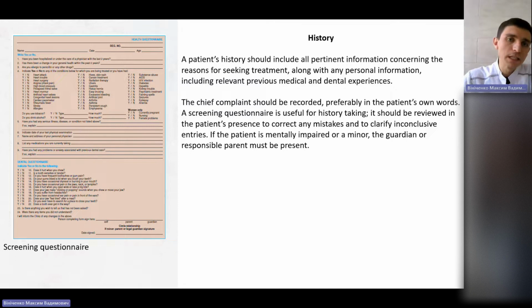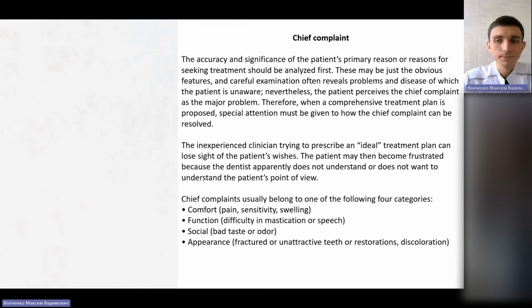The chief complaint should be recorded preferably in the patient's own words. A screening questionnaire is useful for history taking. It should be reviewed in the patient's presence to correct any mistakes and to clarify inconclusive entries. If the patient is mentally impaired or a minor, the guardian or responsible parent must be present.